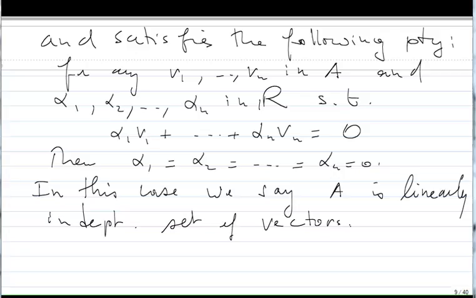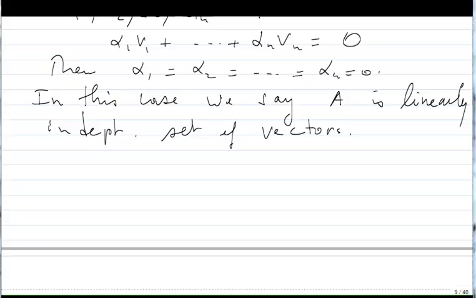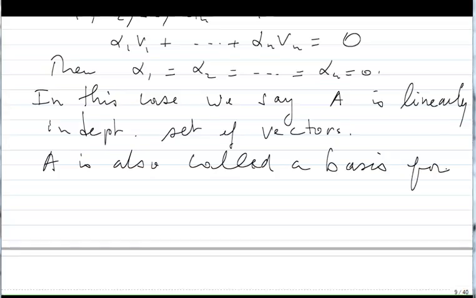So in this case, A is also called an algebraic basis, a basis for W. So given a subspace W of V, there is always a basis. What's interesting is that the basis is not unique, and you don't have a unique set of vectors that will span a subspace.